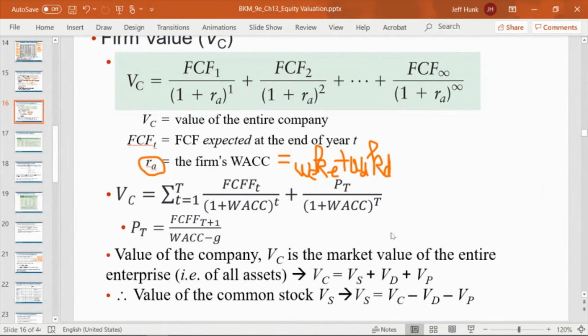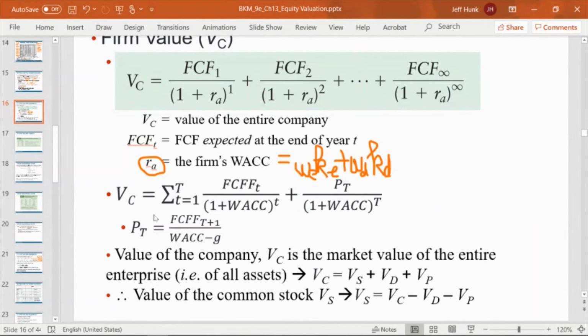Then the price formula would involve discounted free cash flows and the terminal value of the free cash flow. And how do you find the terminal value of the free cash flow?